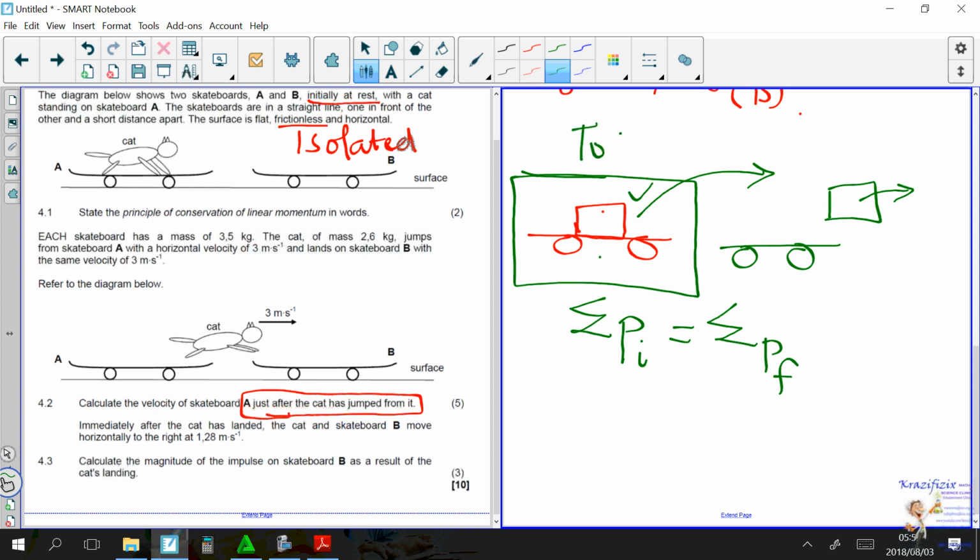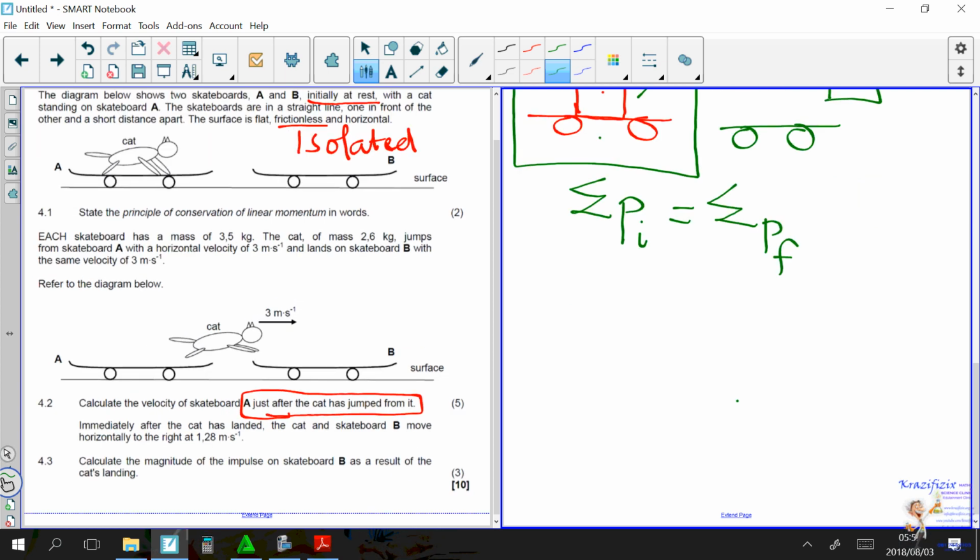So together, and what do we have here? Separate. This will inform you of what your formula should look like. Now if they are together, we add the masses, m1 plus m2, because they are together.